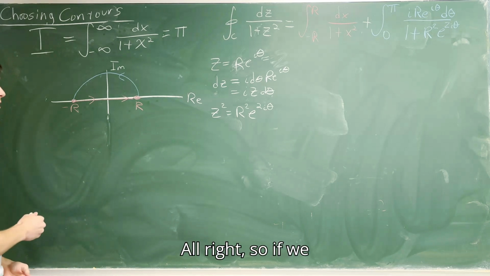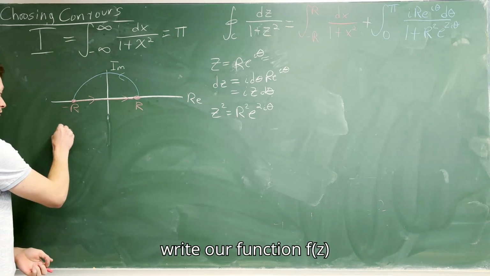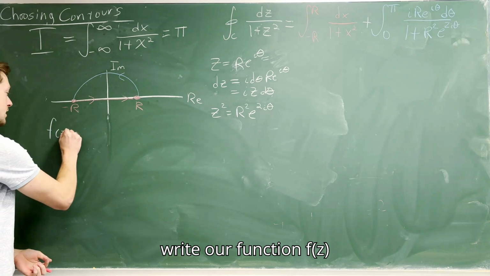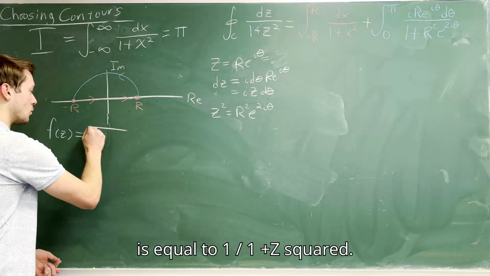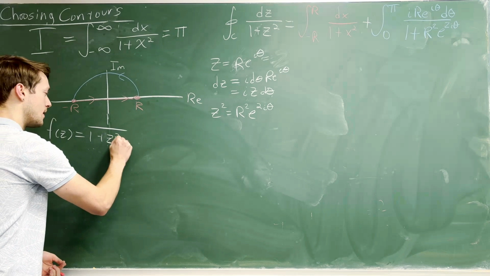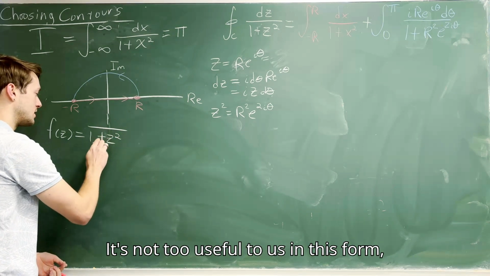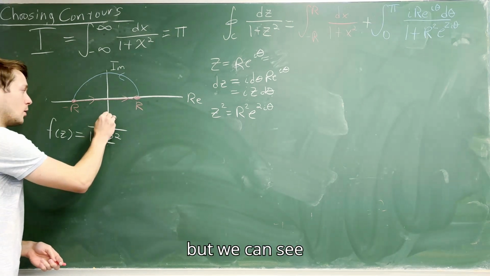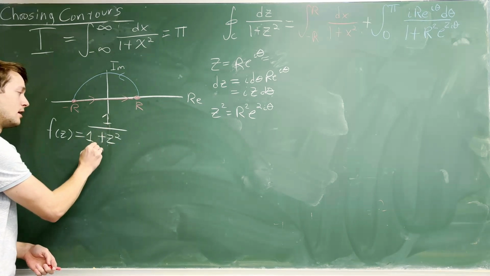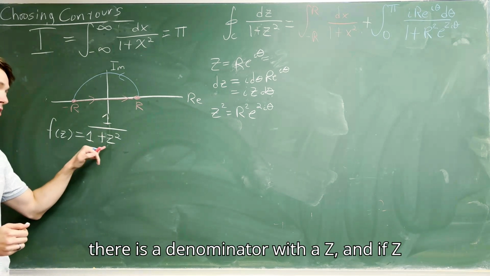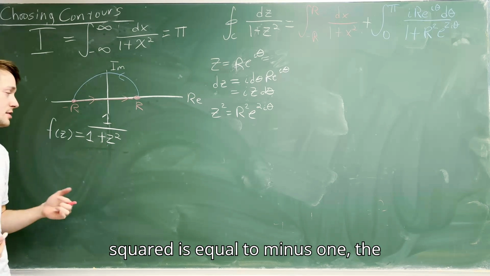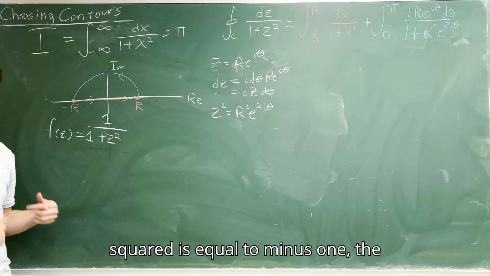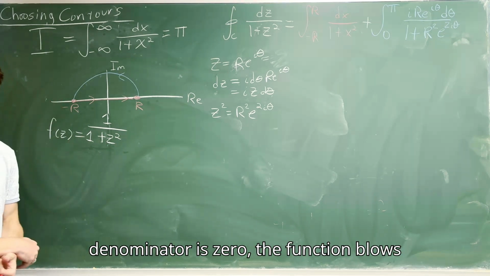All right. So if we write our function f of z equal to 1 over 1 plus z squared, it's not too useful in this form, but we can see there is a denominator with a z, and if z squared is equal to minus 1, the denominator is 0, the function blows up.